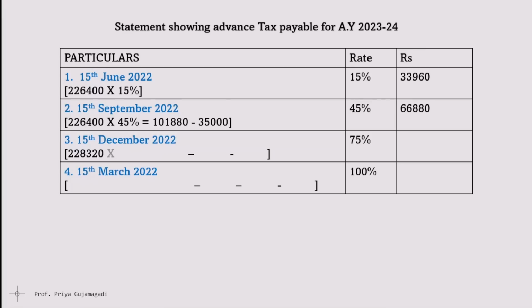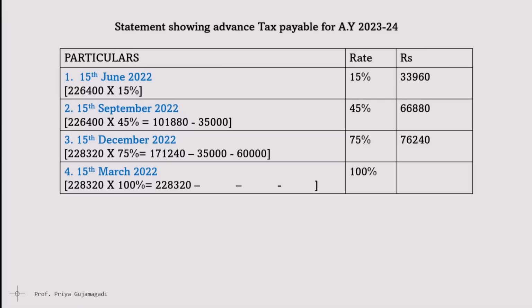On that 75%, it will amount to 1,71,240. In that, in the first installment we paid 35,000, in the second installment we paid 60,000. As I said, we should not refer to this amount in the above column. We have to refer to the amount given in the question. So the balance amount is 76,240, which we have to pay in the third installment. 2,28,320 into 100%, 2,28,320.